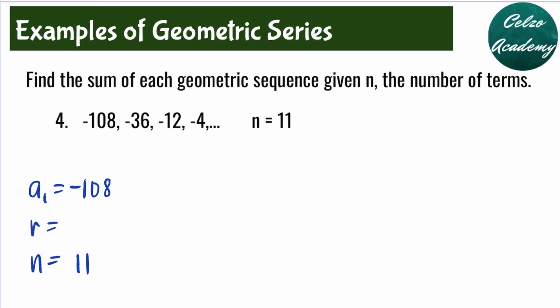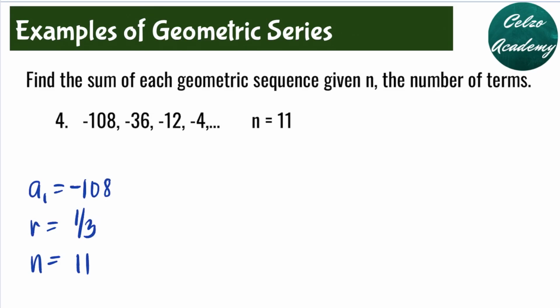What do you think is the common ratio? Common ratio here can be obtained by dividing -36 over -108, or -12 over -36, or -4 over -12. And that is 1/3 in simplest form.